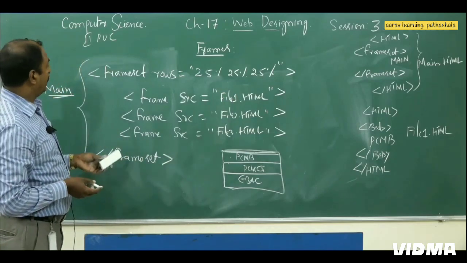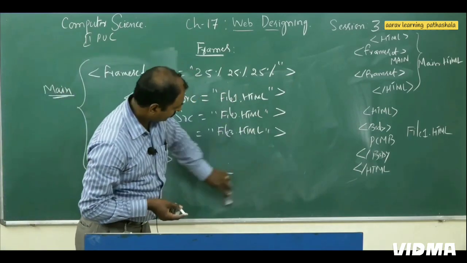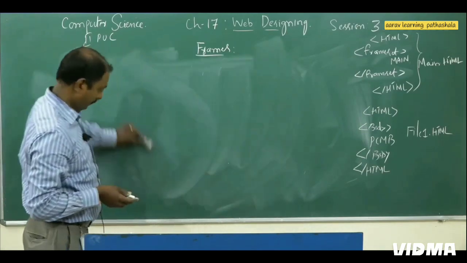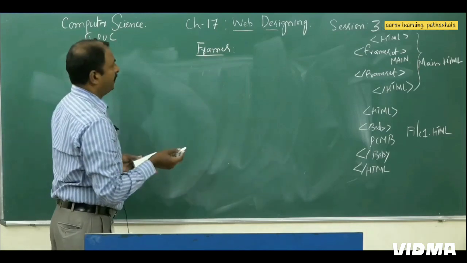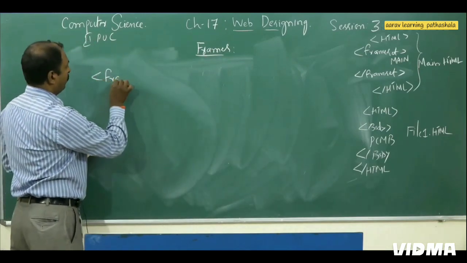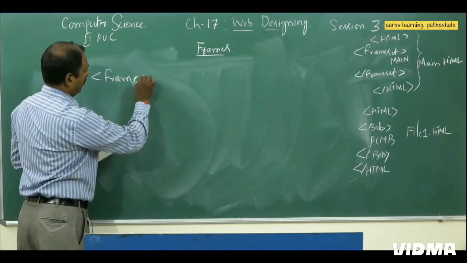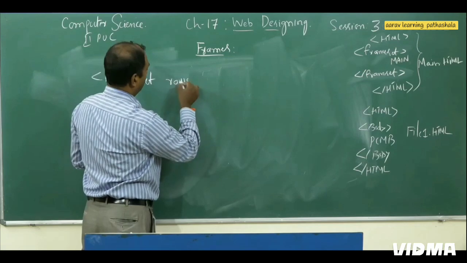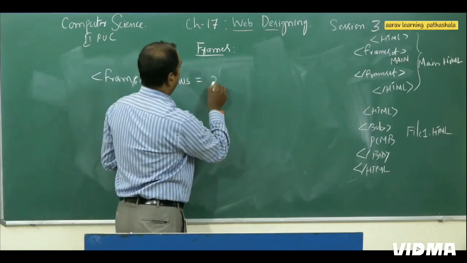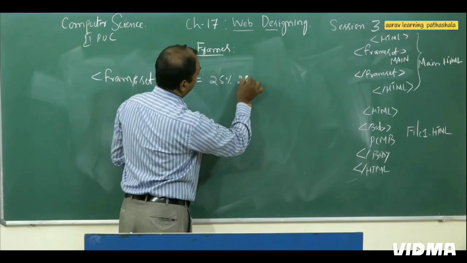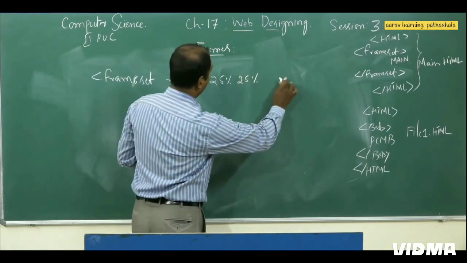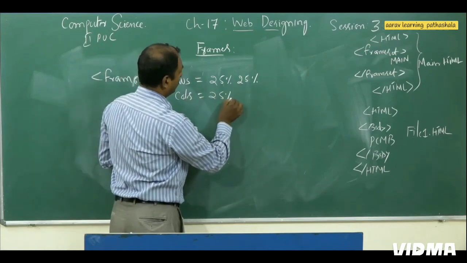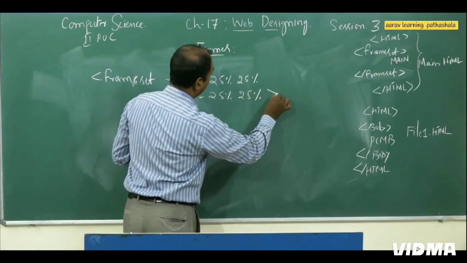Okay. Suppose I want to divide this into two rows and two columns. For example, another method of using this will be, I say frameset, here rows equals 25%, and continuation of this, columns equals 25% and 25%, closing this.